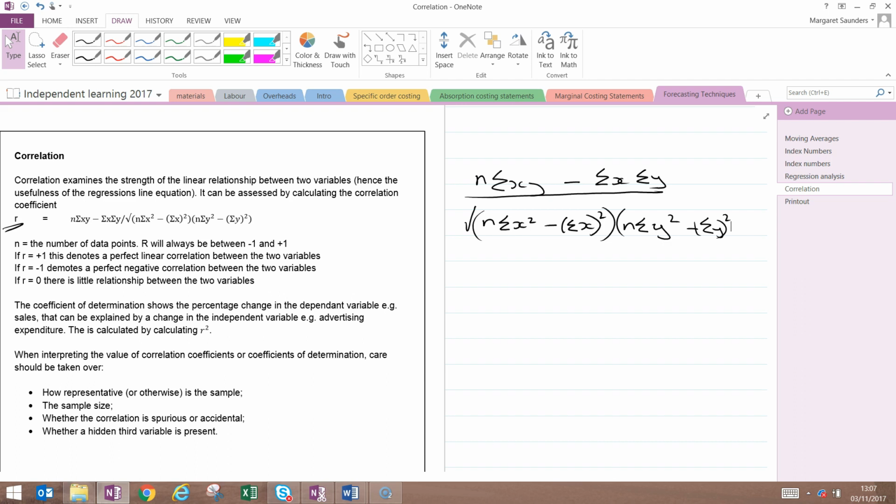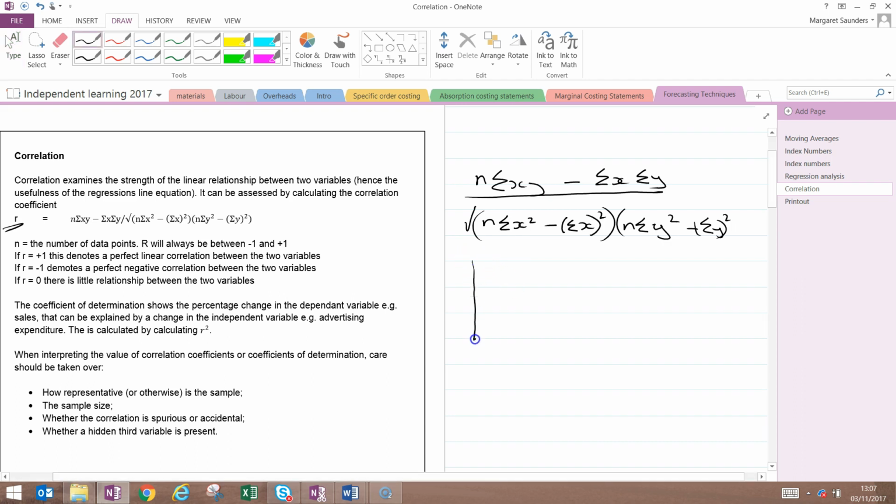The value of r will always be between -1 and +1. If it comes to exactly +1, it denotes a perfect linear correlation between the two variables, which is positive. If it comes to -1, it denotes a perfect linear correlation between the two variables, which is negative.